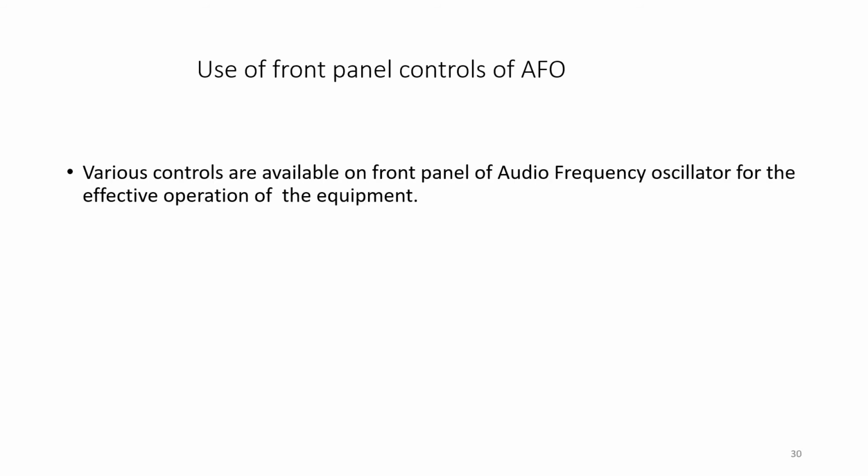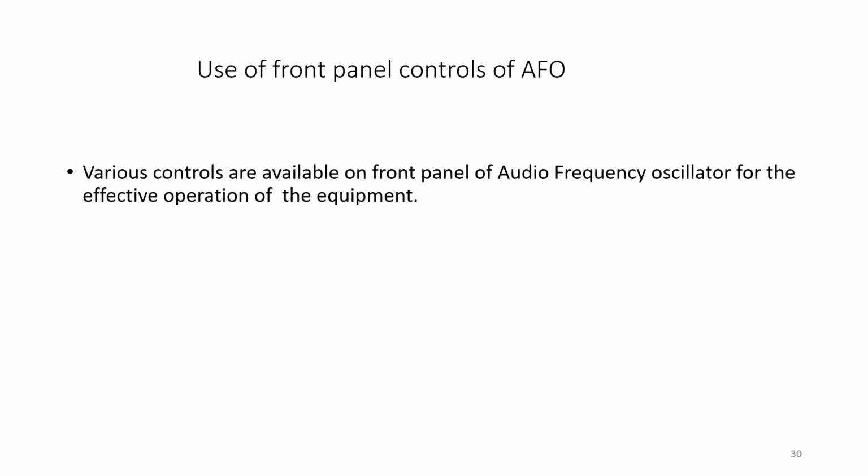Of course, we have a function switch to select a sine wave or a square wave, and the power on off switch. Next is a control to vary the amplitude and a control to vary the frequency.